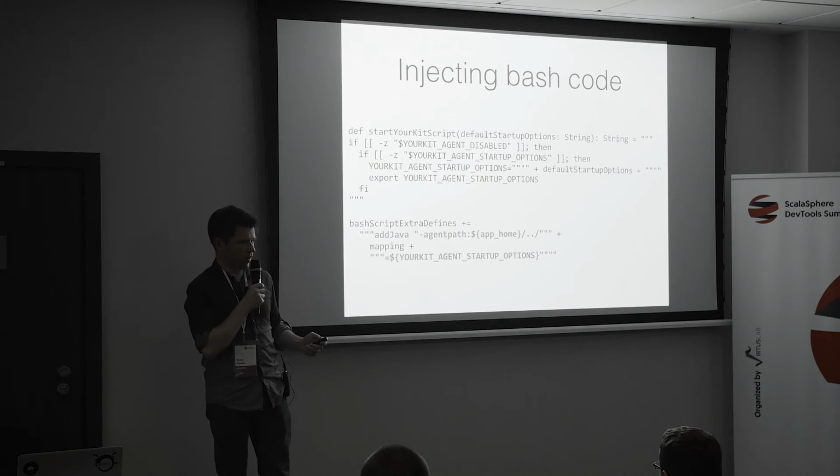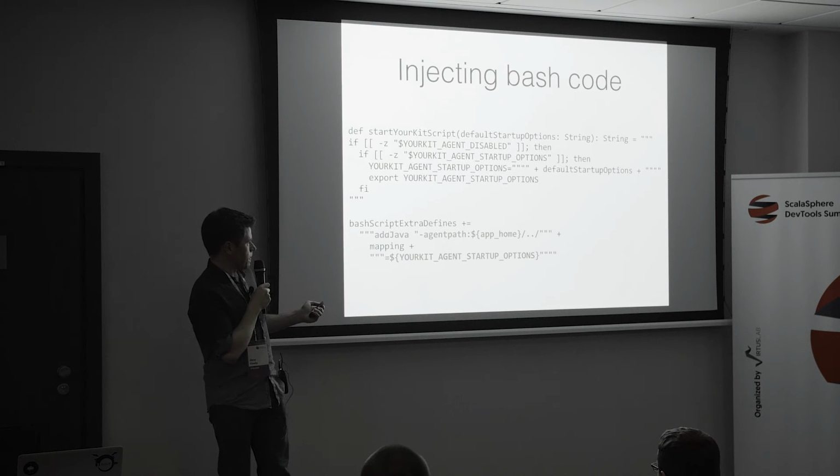Then to actually add this into the script, you modify bash script extra defines, and you add Java and add an agent path. This requires an absolute path, so agent path $app_home ... add in our mapping, and here we pass in some startup options that we can use as defaults.